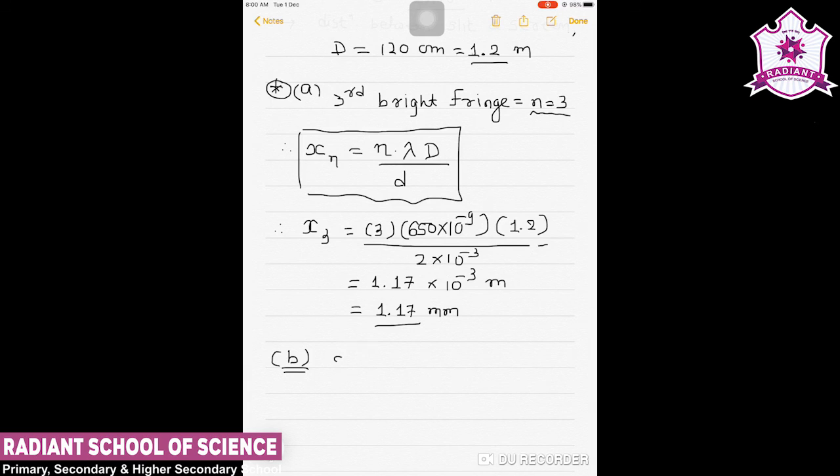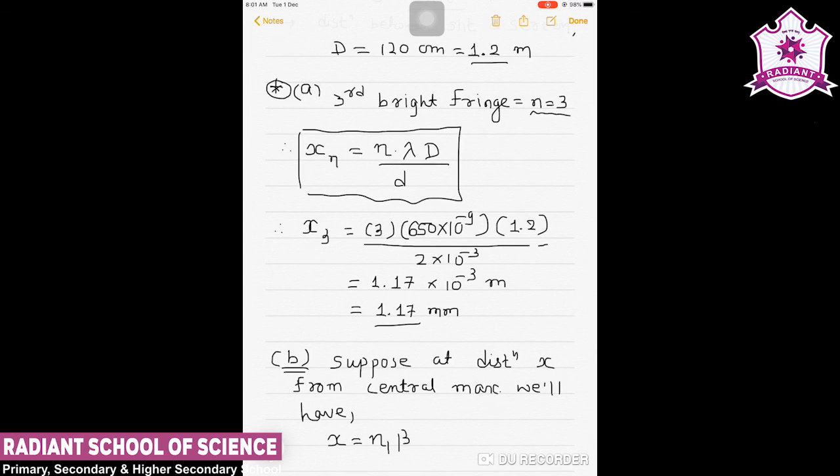So we say that suppose at distance x from the central maximum, we will have x is equal to n1 beta 1 is equal to n2 beta 2.